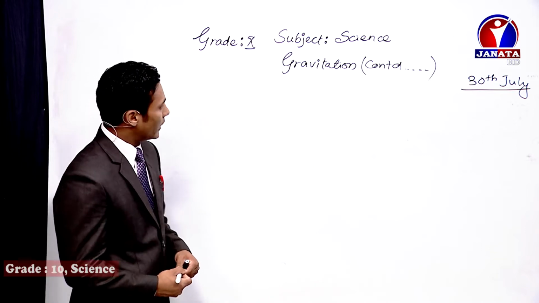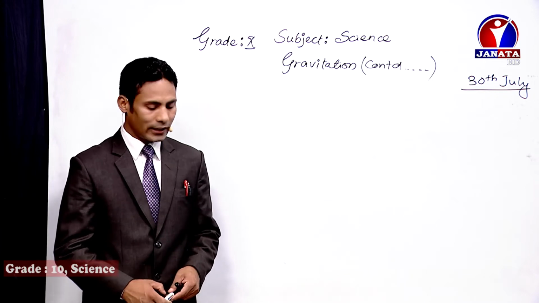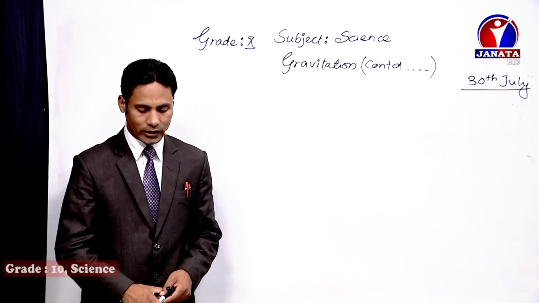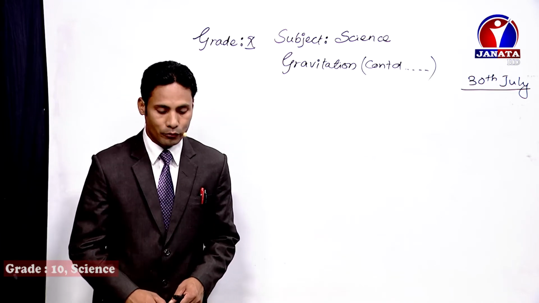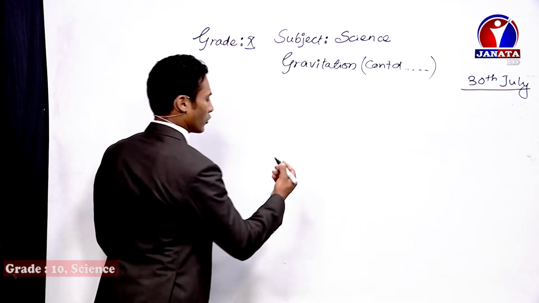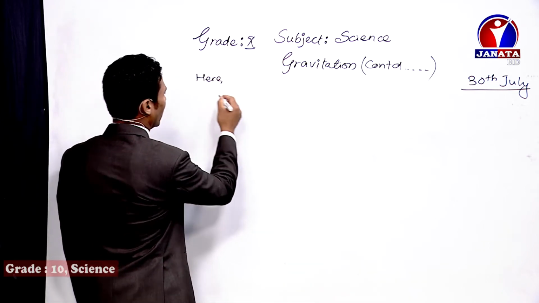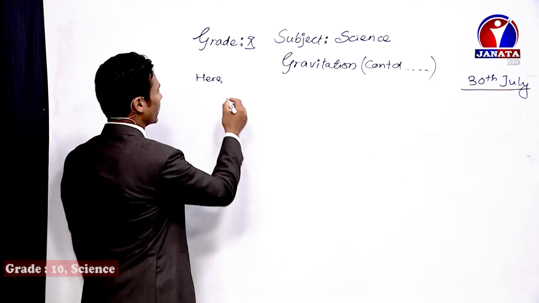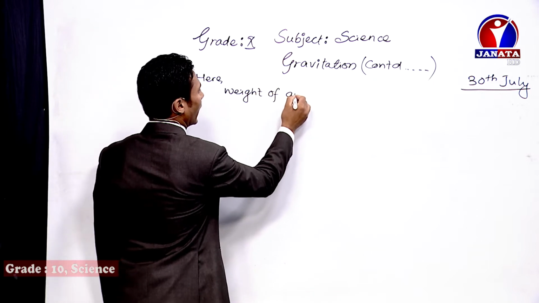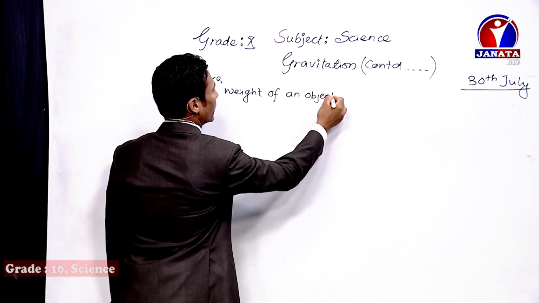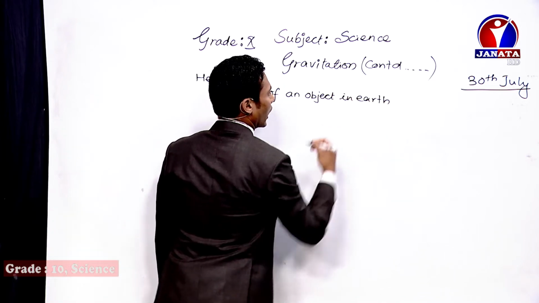The question is like this: if the weight of an object is 400 Newton on Earth, then find the weight of the same object on the Moon. Let's see how to solve this numerical problem. Here, the weight of an object on Earth is given.